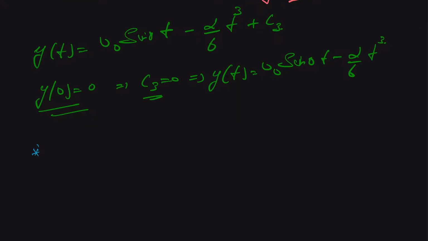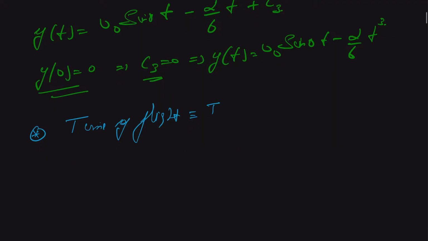And let us find out the time of flight. This time of flight is represented by a capital T. Okay, and time of flight basically means that it starts from this point P and it is going to come back to the same horizontal position, that is our P prime.